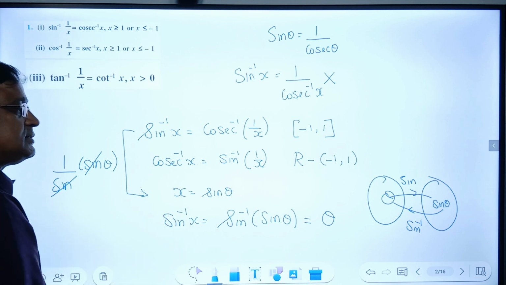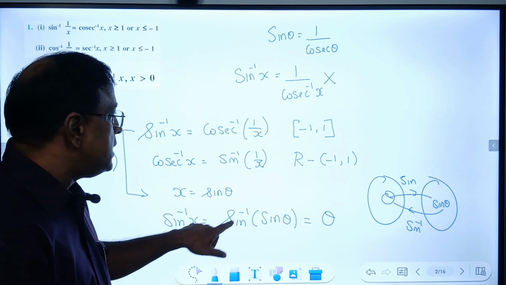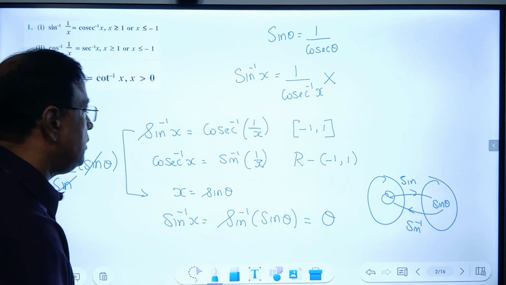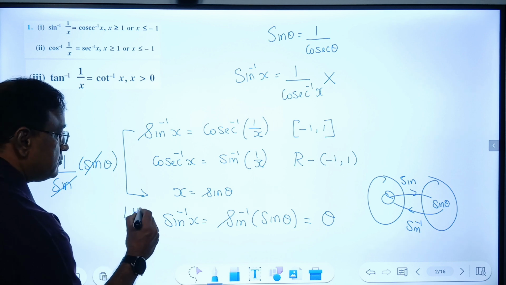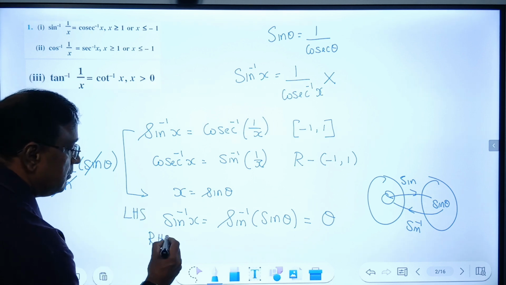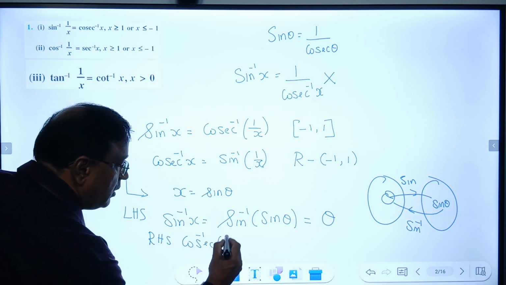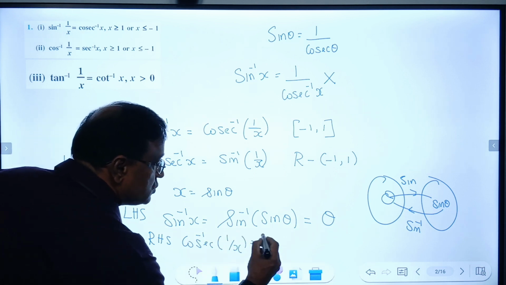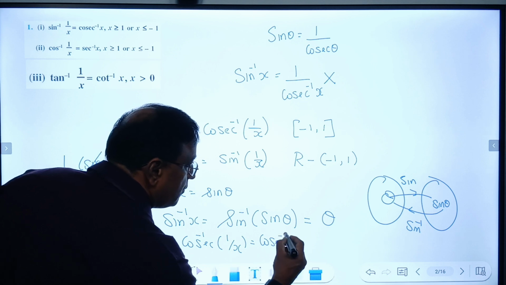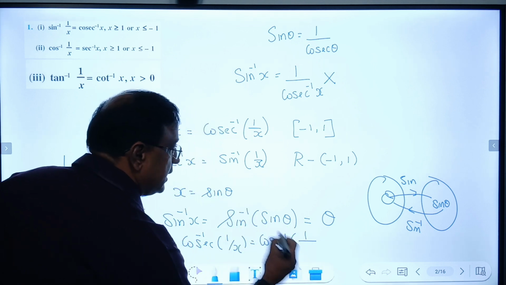Sine inverse of x is sine inverse of sine theta, which is theta. Now I go to the right hand side. What is my right hand side? My right hand side is cosecant inverse of 1 by x, which is cosecant inverse of 1 by sine theta, correct?